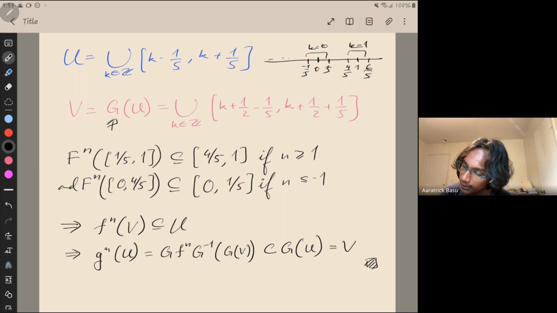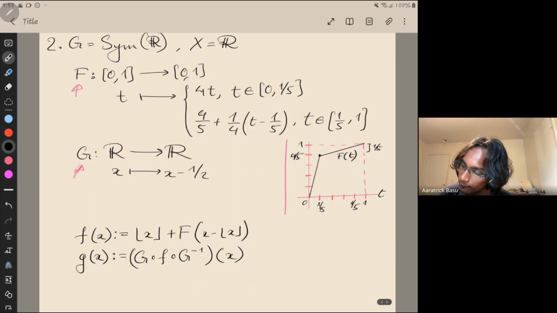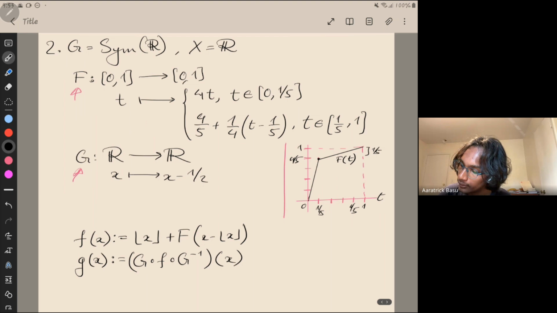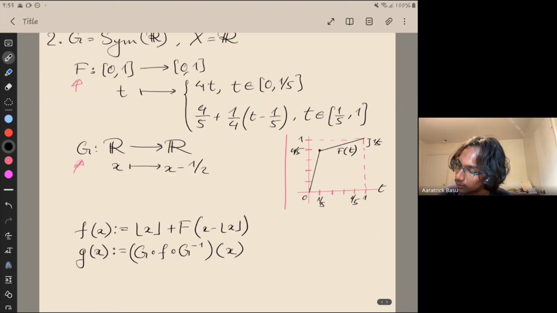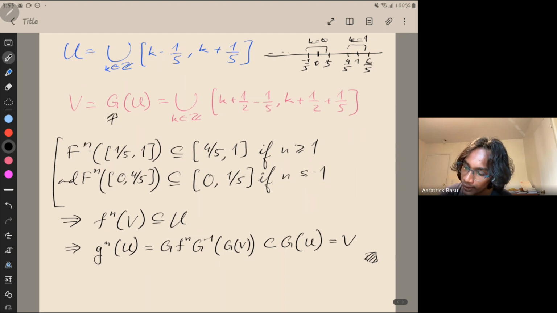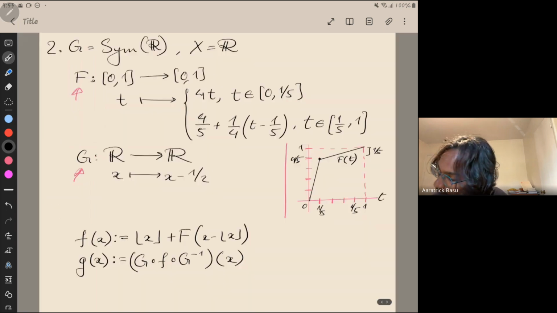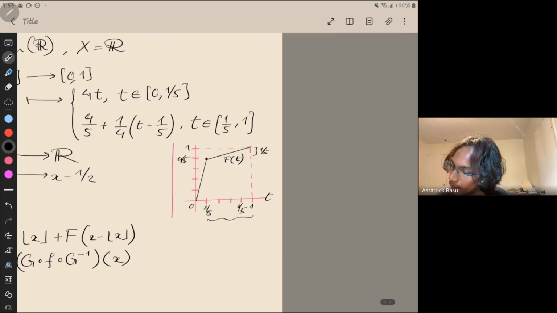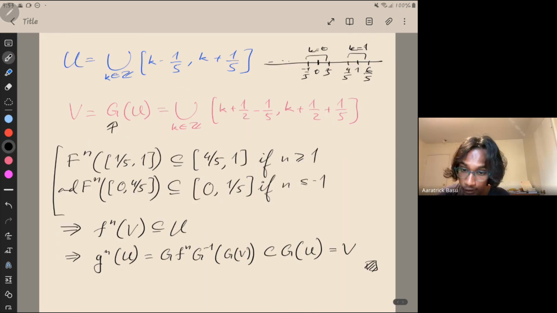But okay, so what can we say? The key observation is the following. If you look at this transformation capital F and maybe this formula, and I think it's easier to convince yourself by looking at this graph and trying to apply this multiple times. If you hit the interval 1 over 5 comma 1, so this bit, by F as many times as you want, positive powers, then that has to be contained in the interval 4 over 5 comma 1.